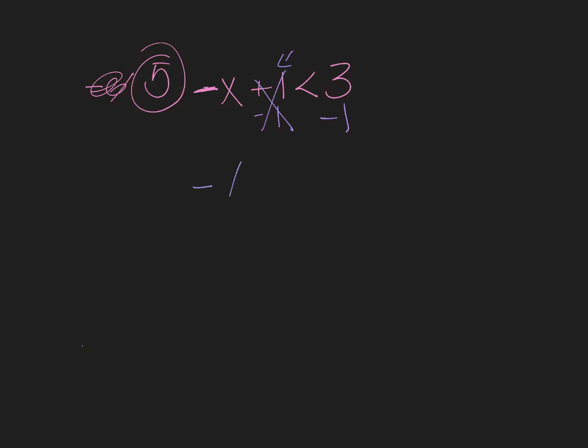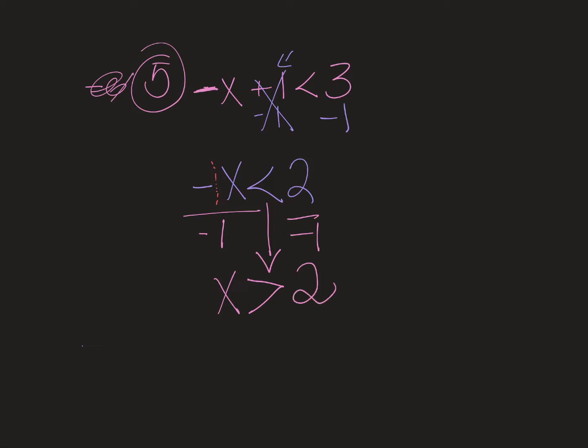Then I'm going to have negative x is less than 2. Now, it looks like it might be finished, but it's not, because anytime you have a negative in front of a variable, you actually have an invisible 1 there. So you have to divide both sides by negative 1. And when you do that, you're going to get x, you're going to flip this sign to greater than, and 2 divided by negative 1 is negative 2. Okay? Questions?